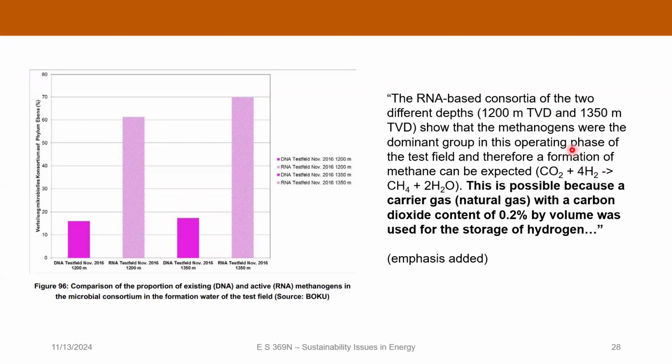And what the methanogens do is they take CO2 and hydrogen, and they make methane and water. And here's the thing. The natural gas that they used had a very minuscule amount of CO2, 0.2% by volume. But that was enough to get the microbes going and start consuming the hydrogen. So you have to be very careful with your injected fluid chemistry and also understanding what microbes you have before you start injecting.